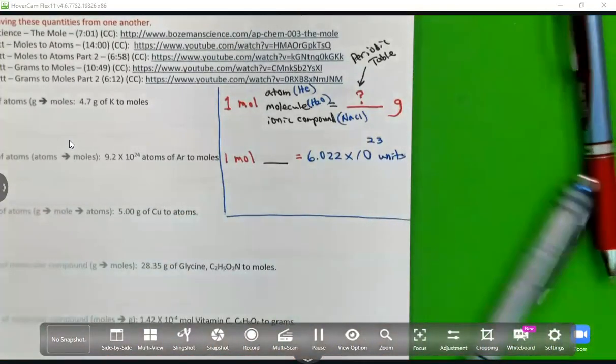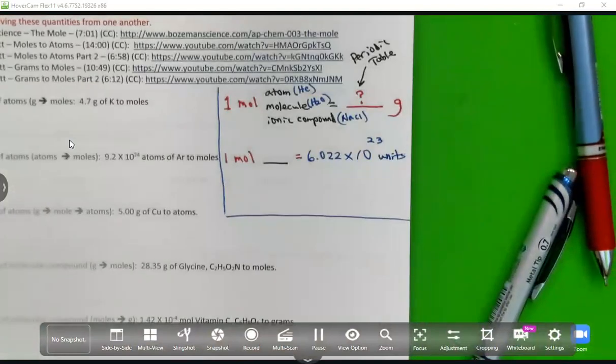We could be talking atoms, molecules, or ionic compounds. Or 1 mole of pigs. Which 1 mole of pigs would probably cover the earth a mile deep. I don't know.